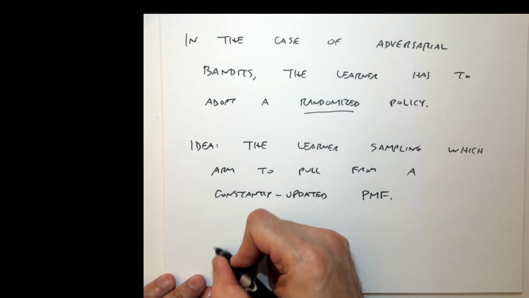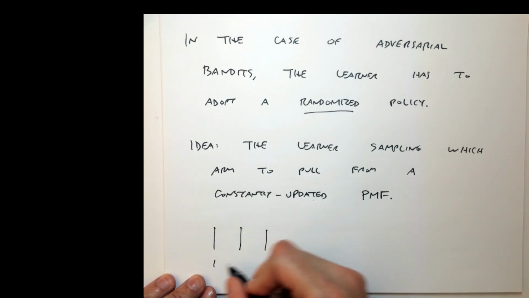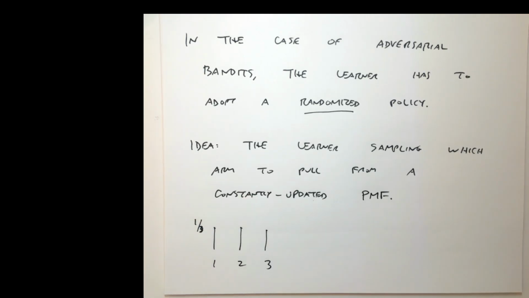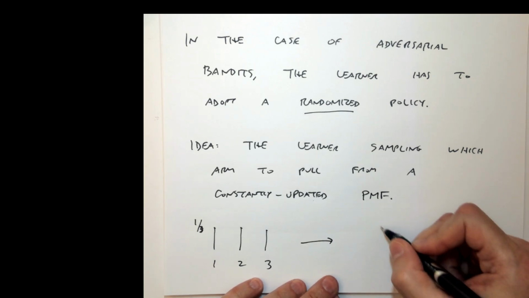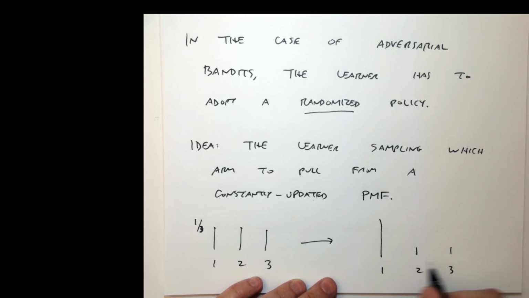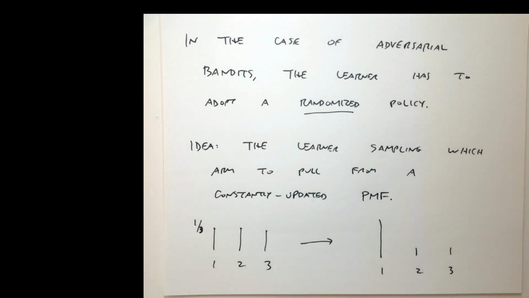So maybe initially, this mass function over the three arms may look like 1/3 on each, right? And as I go on, as I identify the good arms, hopefully things will look like this. But that doesn't mean that I'll always be pulling arm number 1. I may still occasionally pull arms number 2 and 3 because things are random, right? And in that way, I can kind of get around an environment that is really being mean to me, right?